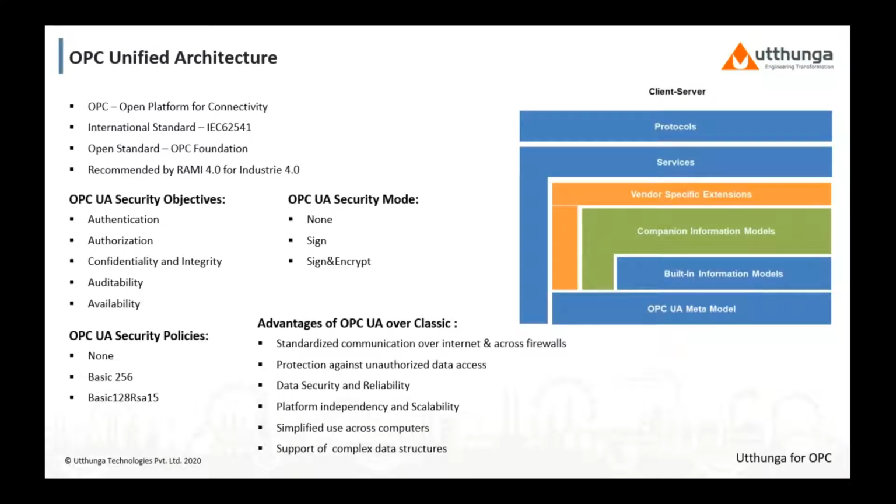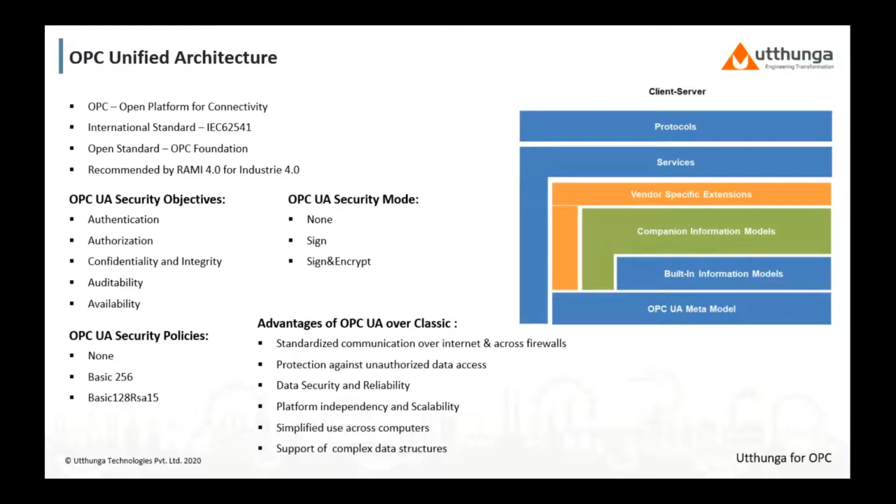Okay, so let us understand how the OPC UA standard can be used in OPC tunneling. Before that, let's understand what OPC UA is. OPC stands for Open Platform for Connectivity, which is built on the OPC client and server architecture, where the client requests data from the server regardless of the protocols, in a standard address space.